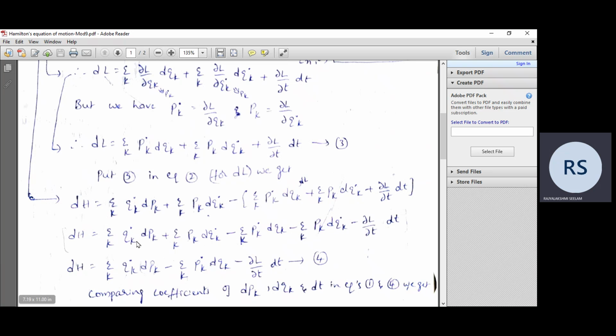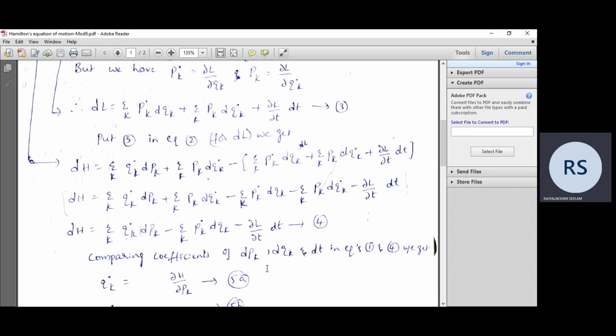Now dH equals sigma k qk dot dpk minus sigma k pk dot dqk minus ∂L/∂t dt. In this equation, the negative term and the positive term get cancelled. So the pk dqk dot terms cancel, and in this equation number 4 only three terms remain: qk dot dpk, minus pk dot dqk, and ∂L/∂t dt.